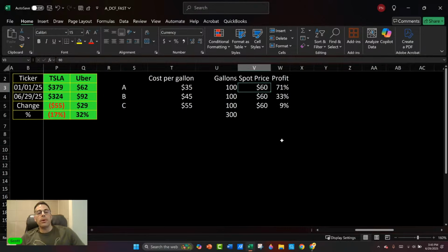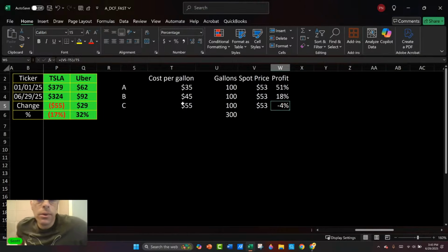Now, if the spot price of oil goes to 53, they're still profitable at this stage, 51% profit, only 18% by extracting oil at $45 a gallon, but they're losing money on every gallon of oil they produce.